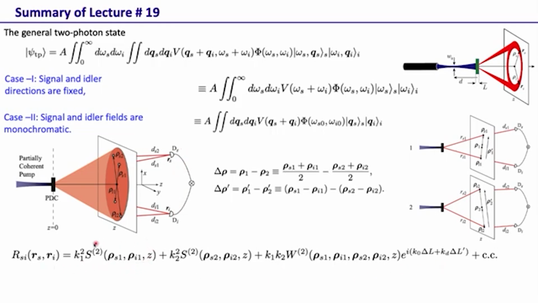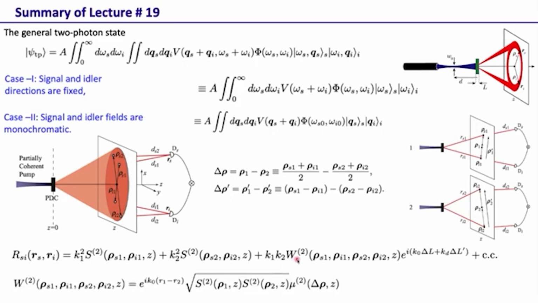The first term is essentially the coincidence count rate if only alternative 1 was allowed. The second term is the coincidence count rate when only alternative 2 is allowed, and the third and fourth are the cross terms when both these alternatives are there and when they can interfere with each other.